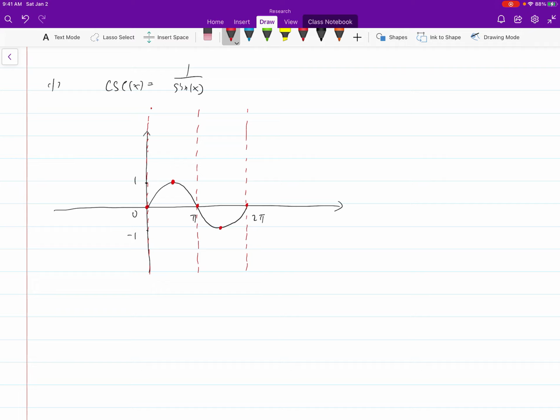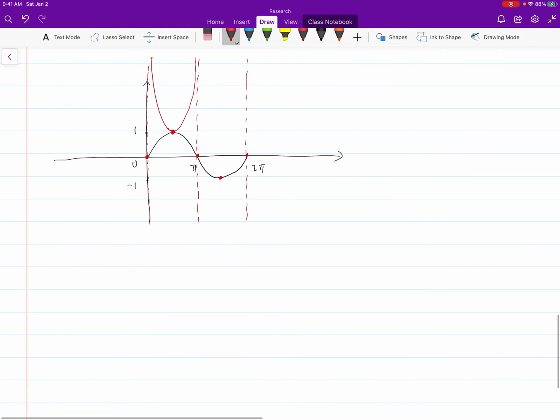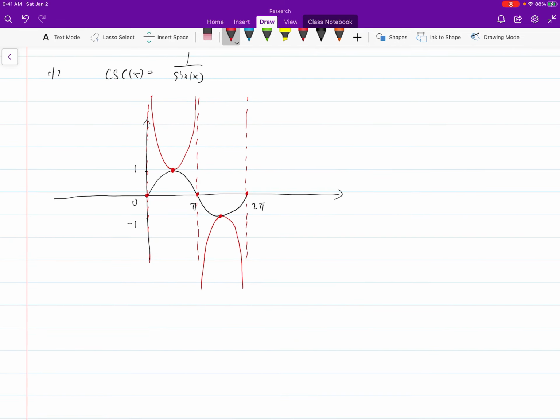Finally, let's check quadrant 1. You start from some vertical asymptote. Your sine is 0. As your sine becomes bigger and bigger, your cosecant, which is 1 over sine, becomes smaller and smaller until you reach the biggest sine, which is the smallest cosecant. For this part, you repeat your sine value, then you repeat your cosecant value. Similarly, you can check.